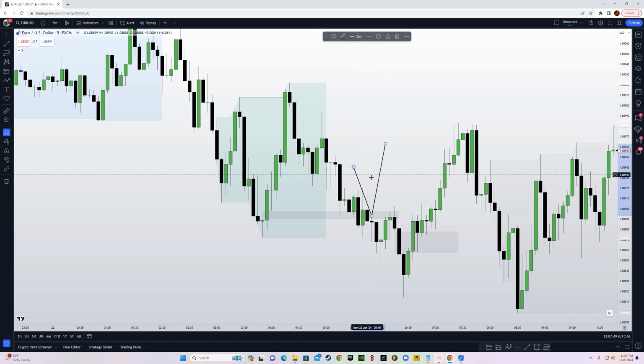So you want to see like an instant break through this fair value gap into this purge of this low. I do not want to see price come into the fair value gap and give me a push like this. That's going to just invalidate the setup. So I hope that makes sense, but that's pretty much it.